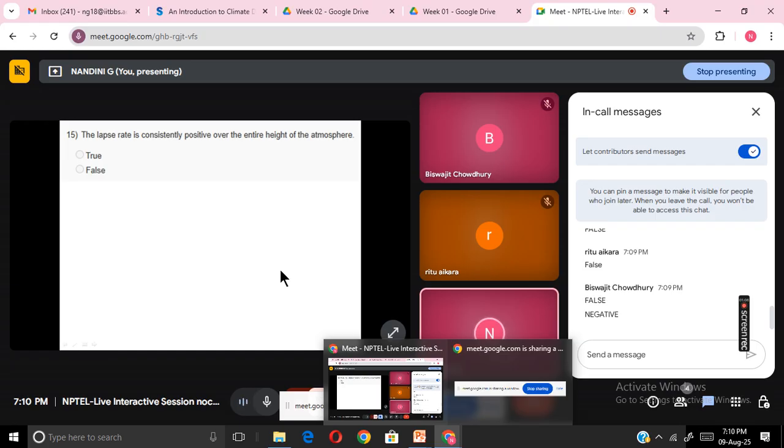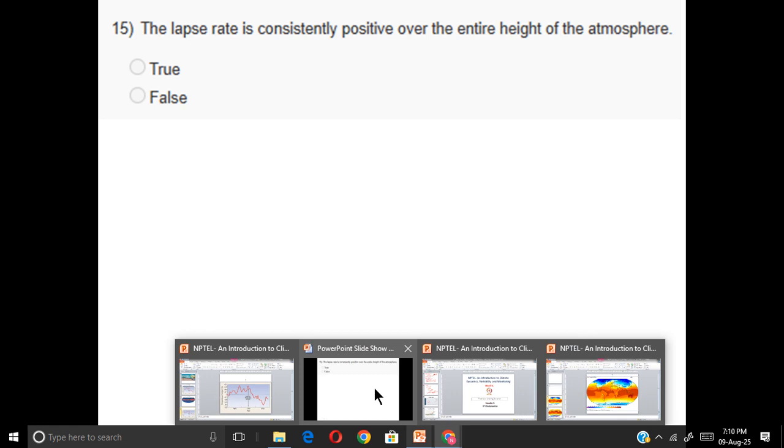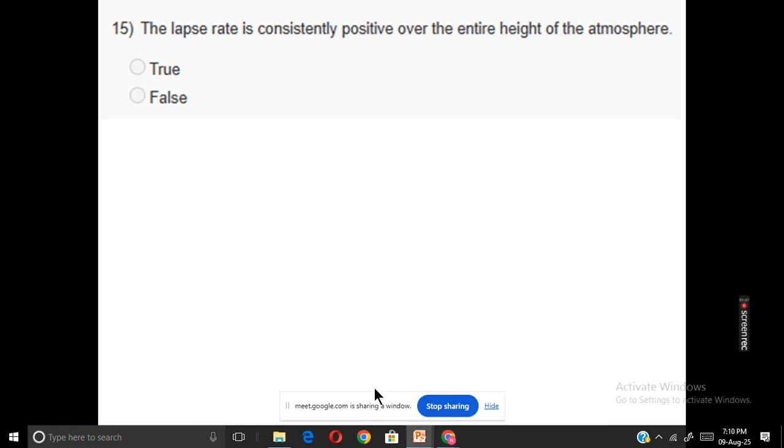Yeah, in the troposphere, the value is negative. The value is around minus 6.5 degrees Celsius per kilometer. And what about the sign of the lapse rate in the stratosphere? Is it positive or negative? Yes, positive. Then again, as we go up, now what is the third layer we have? Troposphere, stratosphere.